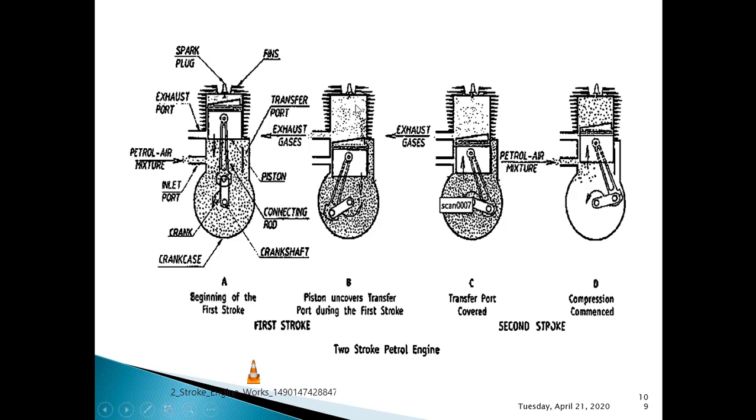So removal of exhaust gases from the combustion chamber with the entry of fresh charge is called scavenging. This definition is very important. They will ask you. So remember that scavenging is the process of removal of exhaust gases from the combustion chamber with the entry of fresh charge.